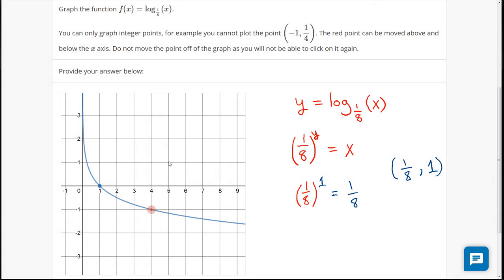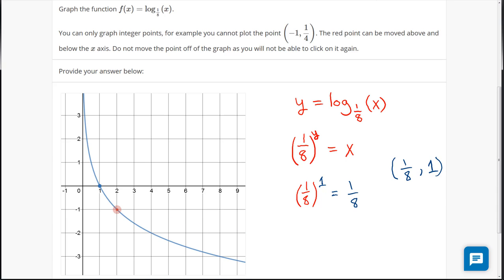But it turns out that's not going to work, because there's a little wrinkle in this problem. I can't drag the dot to a point that doesn't have whole number coordinates. I want to drag this point to x equal to 1/8, but it won't let me.